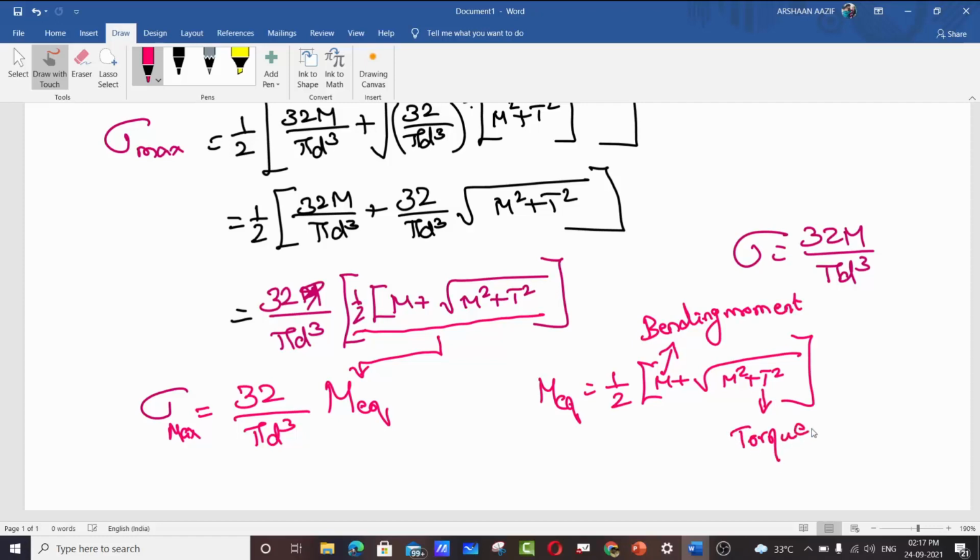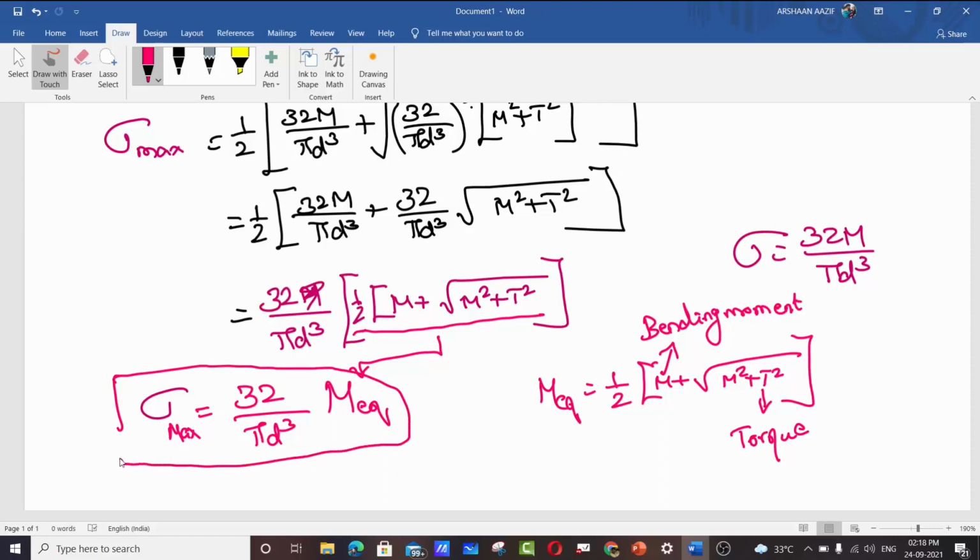So rather than finding the shear stress and the bending stress acting and then simplifying and putting it in the principal stress equation, we could directly just find the bending moment that is acting on the material and the torque that the material is experiencing. Bringing that together, we could find the equivalent bending moment, and with the help of this equivalent bending moment, we could equate it to sigma max.